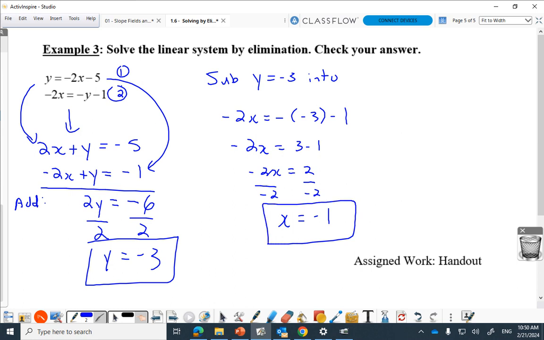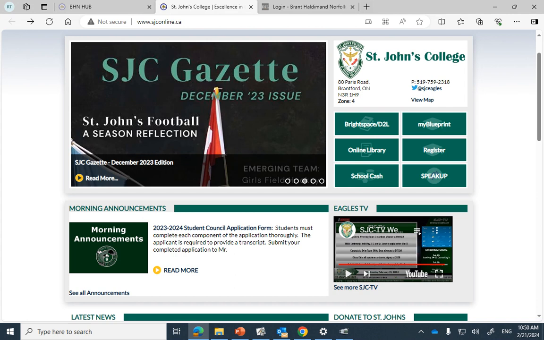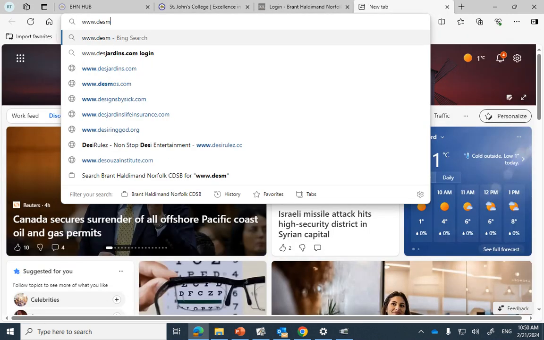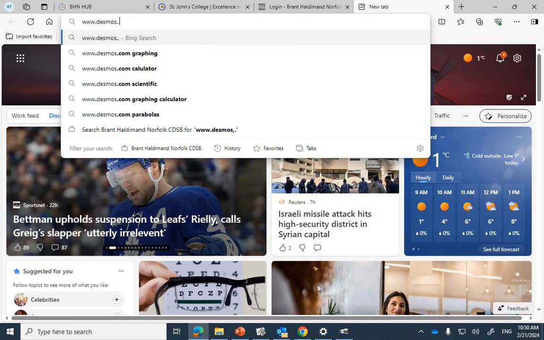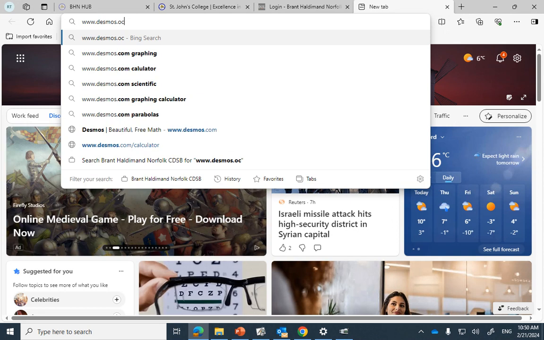I've been trying to alternate, though, with checking using left side, right side check, and checking using Desmos, so that you have both weapons available. So let's punch these in and see if it works out. Y equals negative 2x minus 5. I've already forgotten. I said it out loud to try to remember. Who's with me?